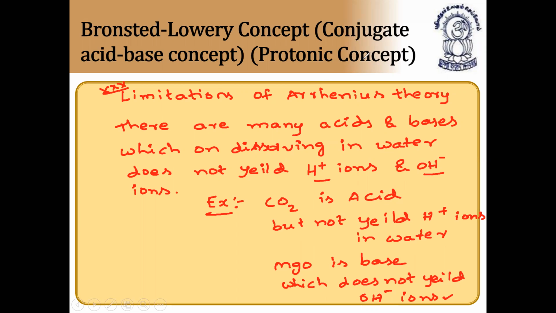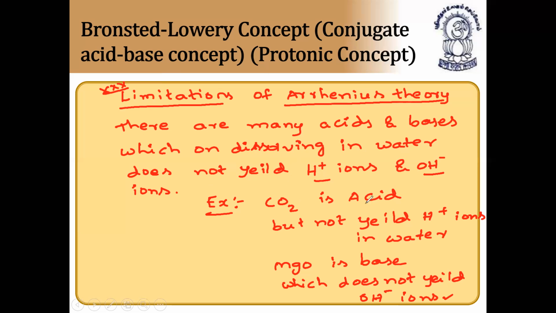Now let us see the second theory, that is the Bronsted-Lowry concept, also called the conjugate acid-base theory. This is very important, so please note down these limitations of Arrhenius theory in your classwork. I am giving time for you to note down. Many acids and bases on dissolving in water do not yield H plus ions or OH minus ions.